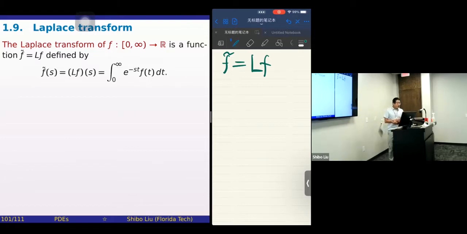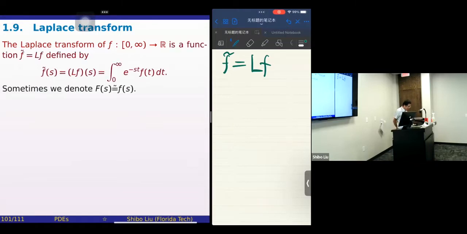So the value of f tilde at s, that is Lf(s), is this integral on t: the integral of e^(-st) f(t) dt. Because s is non-negative, the expression decays very quickly, so from this definition you will see that for many f, this integral converges. Of course, the value of this integral depends on the parameter s. Therefore, the value of the integral is a function of s, denoted by f tilde. That is our Laplace transform.